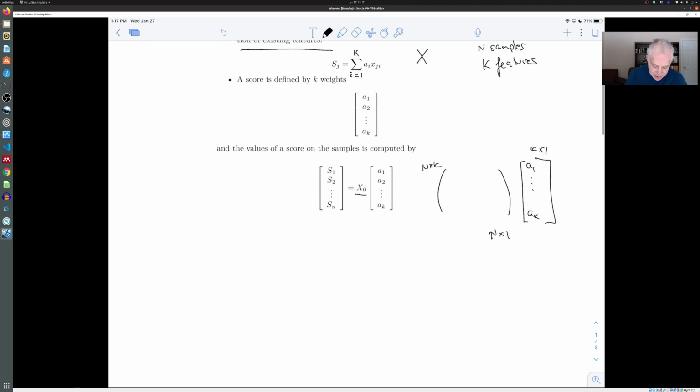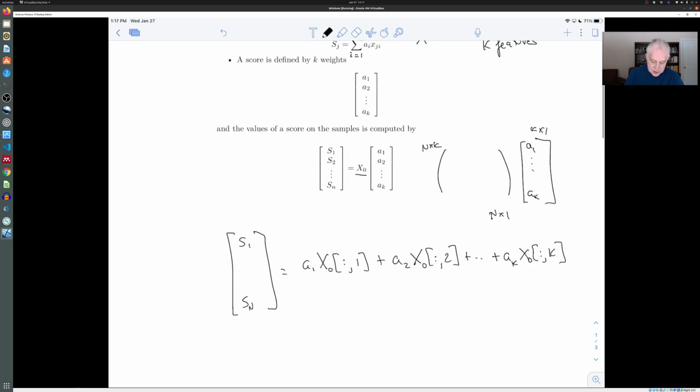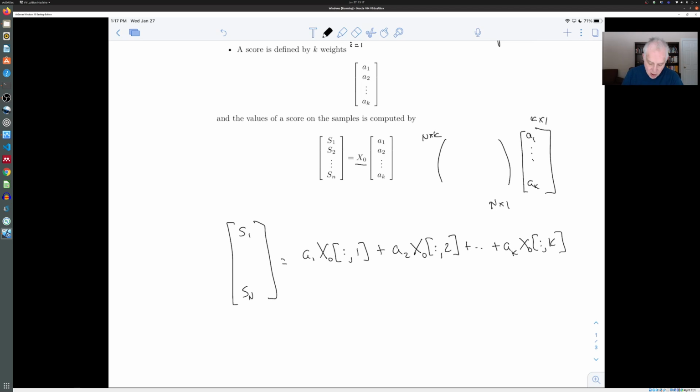And that n by 1 matrix, its entries S1 down to Sn, are gotten by taking a linear combination of the columns of X. So it's A1 times the first column, plus A2 times the second column of X, and so forth. So the scores for each of the n samples are a weighted combination of the feature values for that sample.